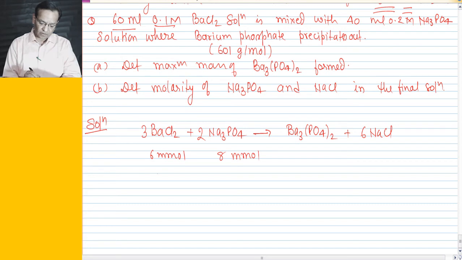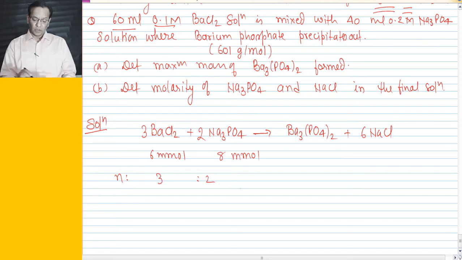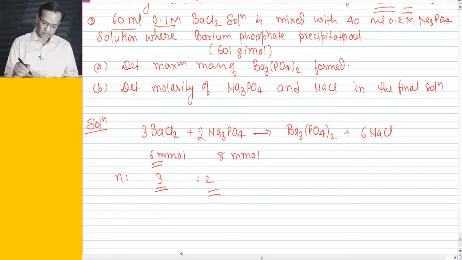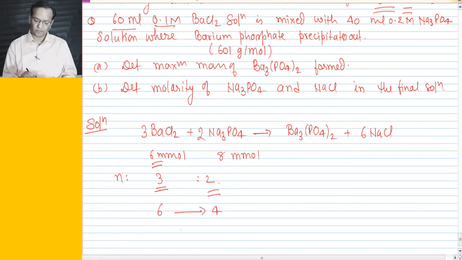The stoichiometry is 3:2. So 3 moles of barium chloride require 2 moles of sodium phosphate. 3 requires 2, so 6 will require 4.